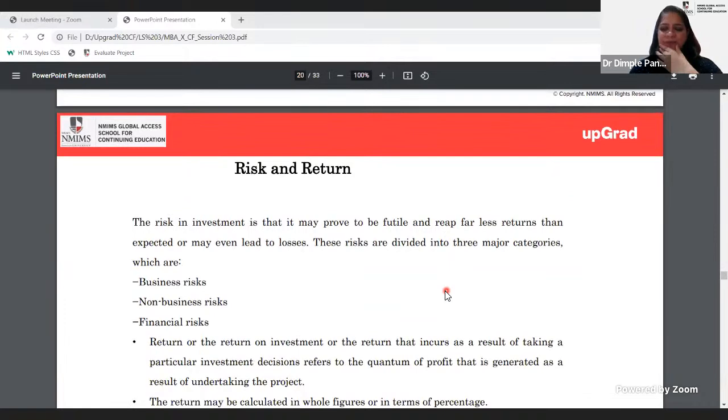When, as a finance manager, you're selecting the project, do you also need to look at the risk and the return component? Is it important to know what is the risk associated with the project and what is the return associated with the project? Is that also important? Very much. Would you prefer to make investment in a project that gives you the best risk return trade-off?